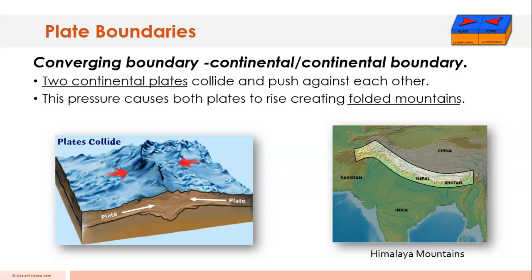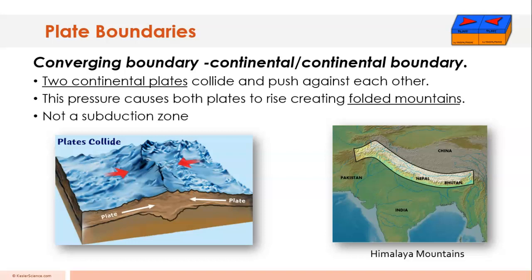That is going to represent the pressure that causes these folded mountains to form. It's really an incredible amount of power to form the very tallest mountains in the world.